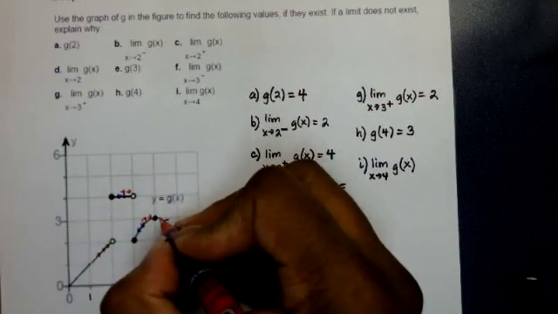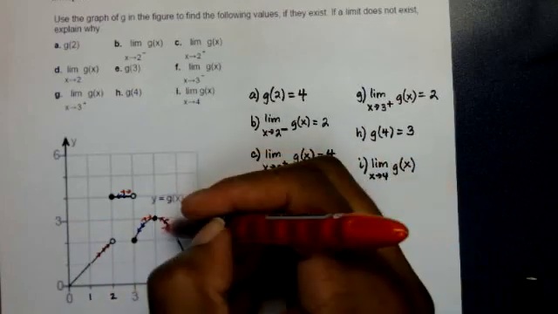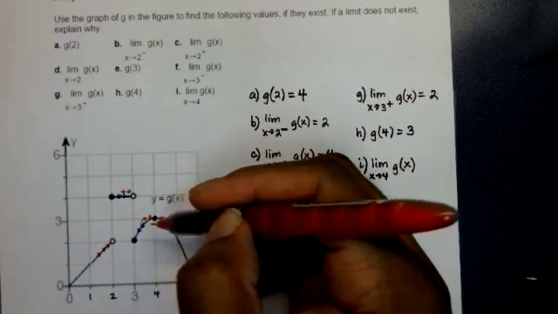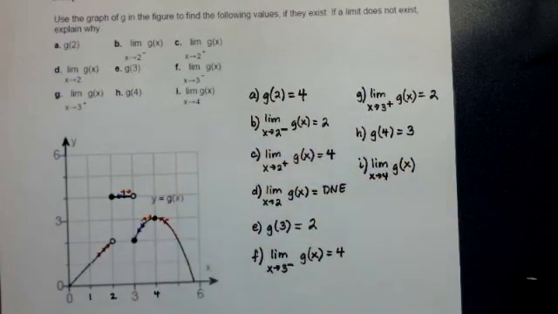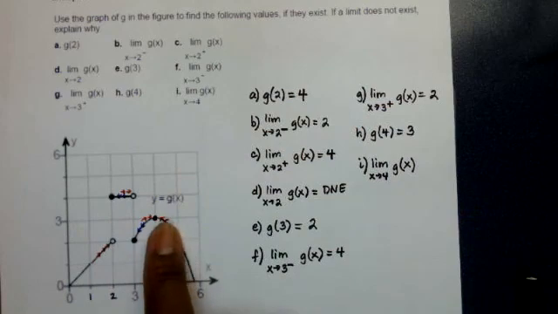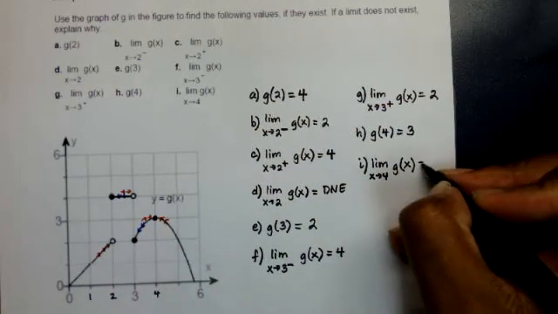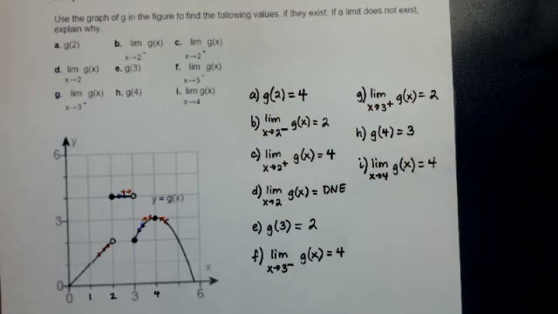And if we go to the right of that, it's getting closer and closer to 4 as well. So the limit as we let x approach from the left is not the same as the limit as we let x approach from the right. In this case, the limit as x approaches 4 of the function g of x will be 4.